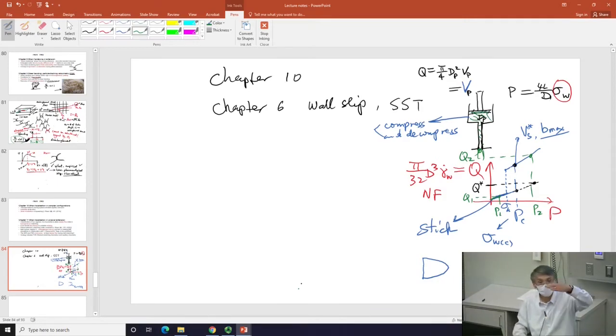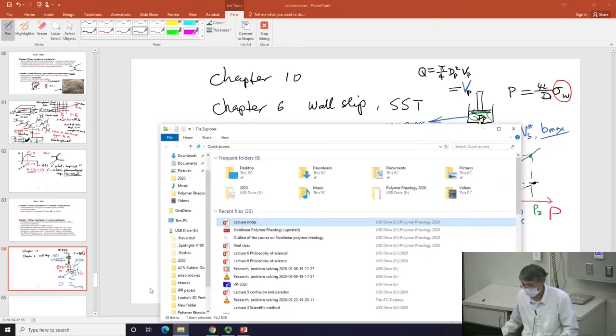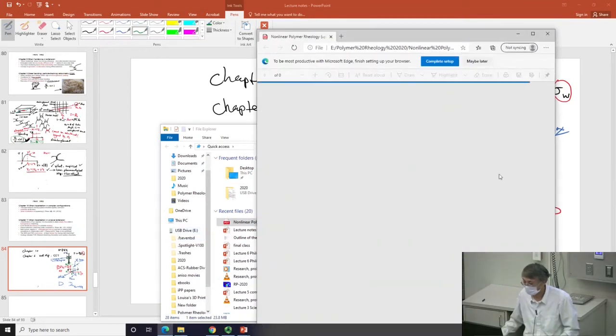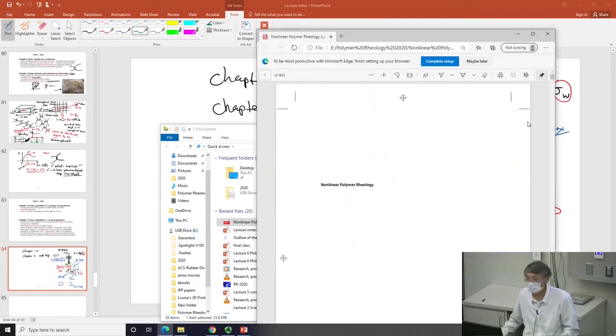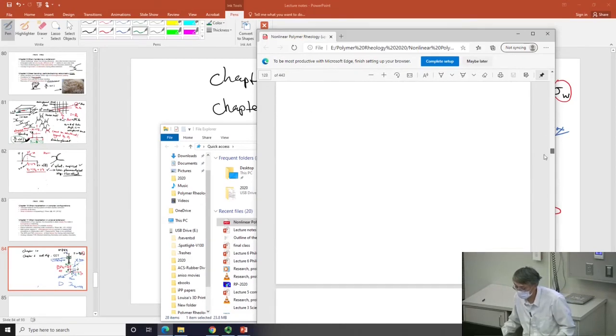Remember, the piston speed is constant. So this thing will just compress and decompress because all of a sudden you are trying to come out faster than what you supplied. And so this thing just goes nuts. That whole thing just shows it's not a good way to look at this problem of wall slip.